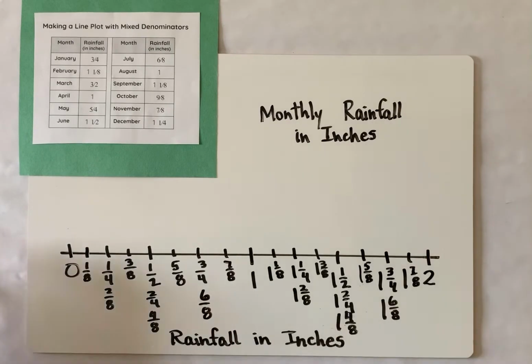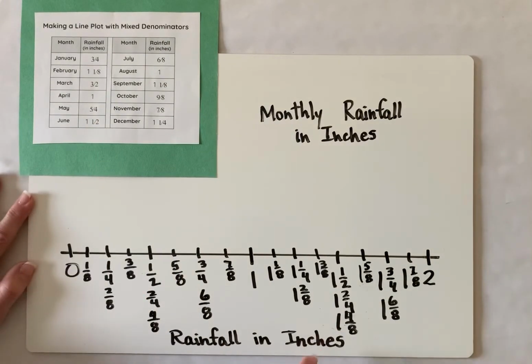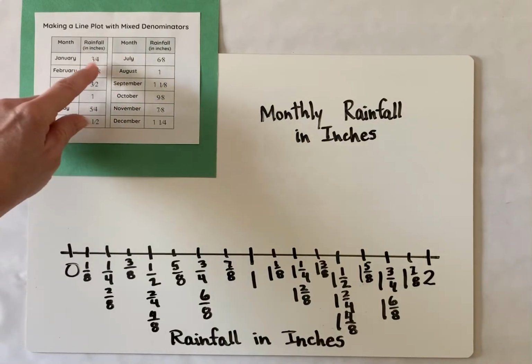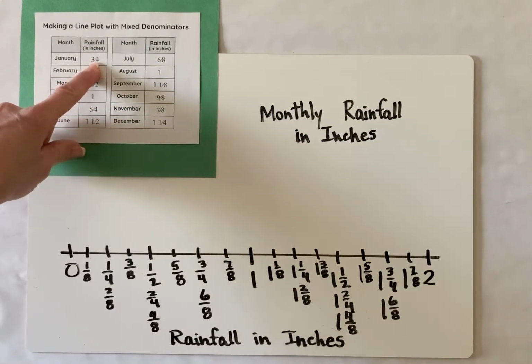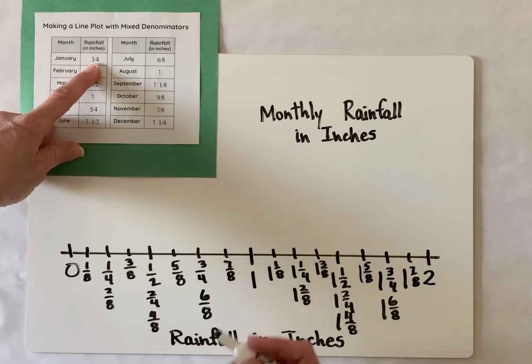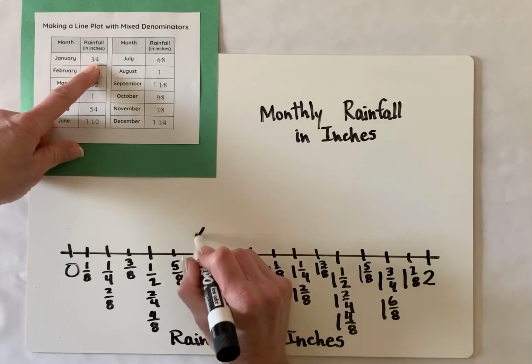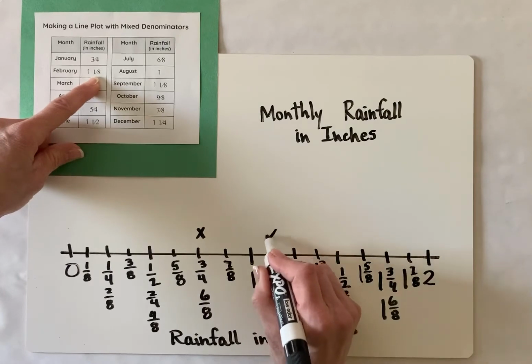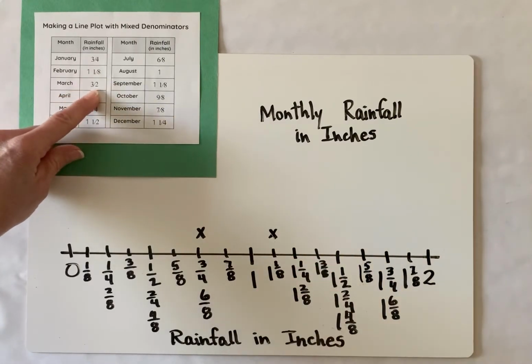my inches of rainfall. And now I need to plot my data. Remember, when we plot data on a line plot, we are going to use X's. So I'm just simply going to go down my table and mark these on my line plot. So 3/4 would be here. 1 1/8 would be here. 3/2.